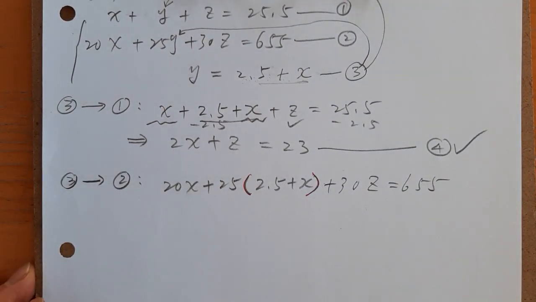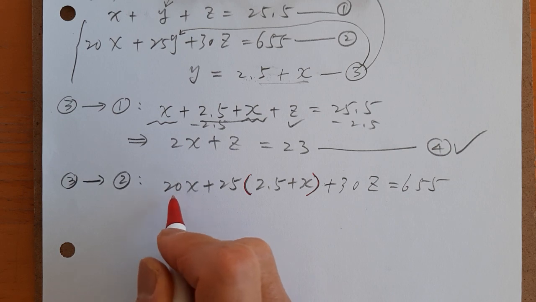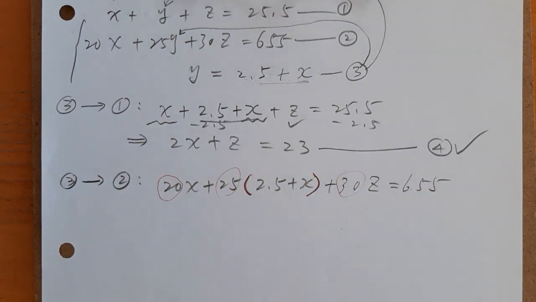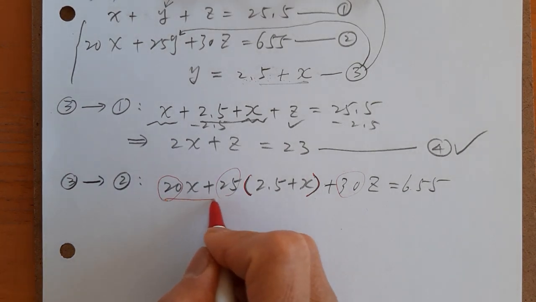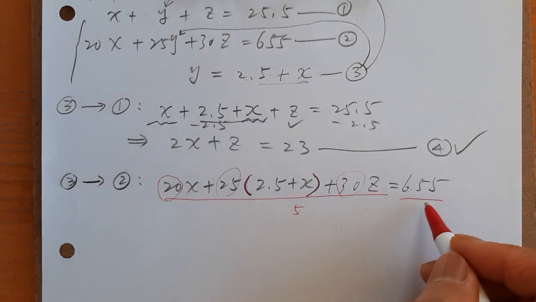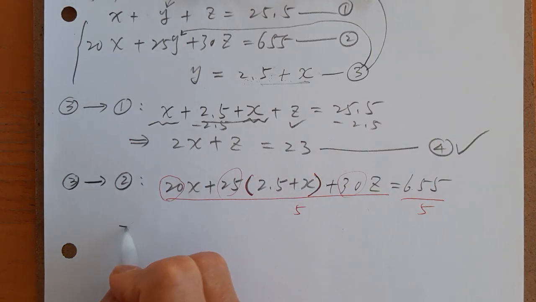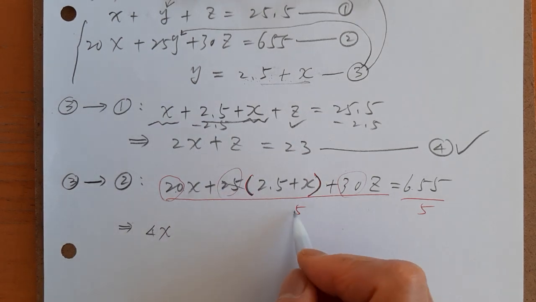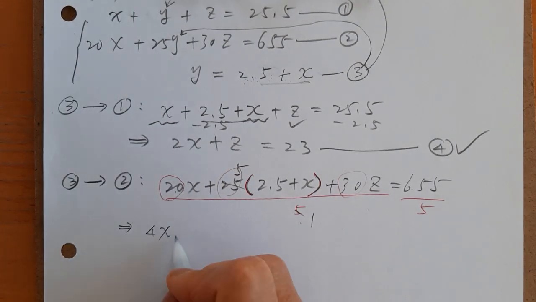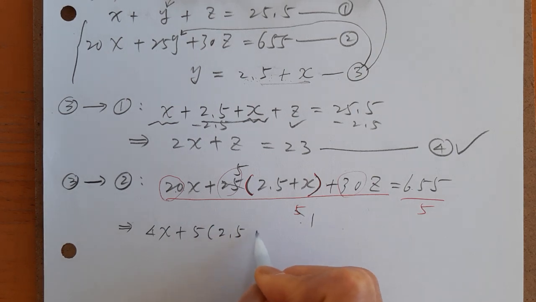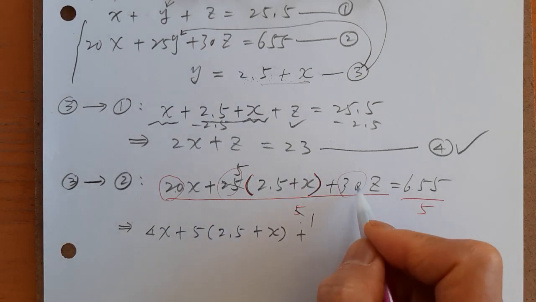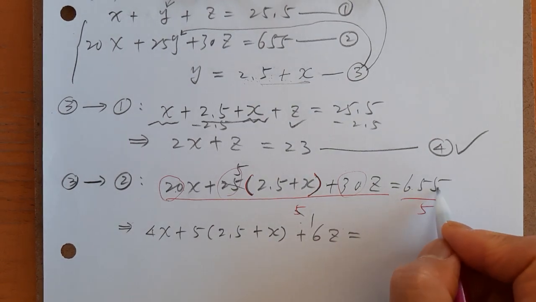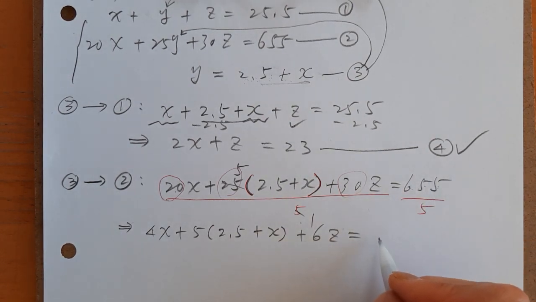Then we need to simplify this. Looking at the common factor of 20, 25, 30, 655, they're all divisible by 5. So divide by 5 to simplify it. 20X divided by 5 is 4X. 25 divided by 5 gets 5, so plus 5 times (2.5 plus X), plus 30Z divided by 5 gets 6Z. 655 divided by 5 is 131.